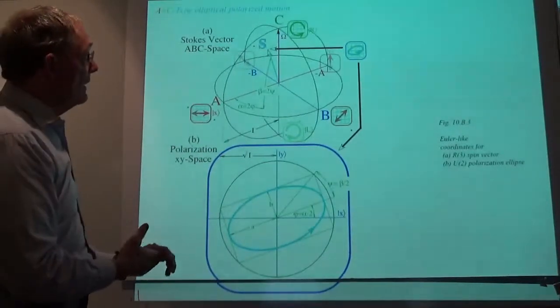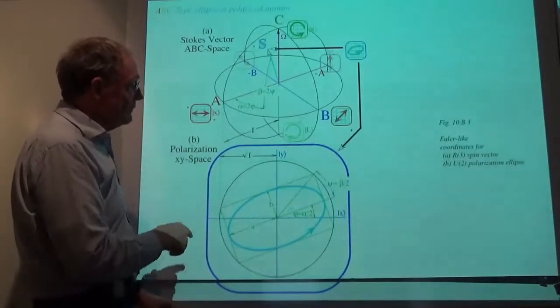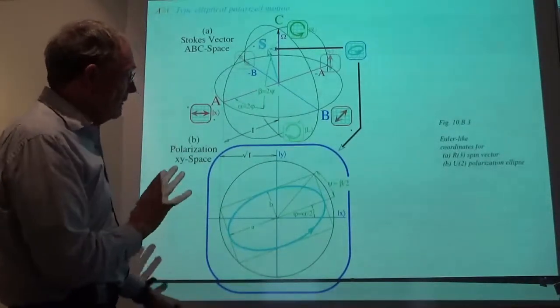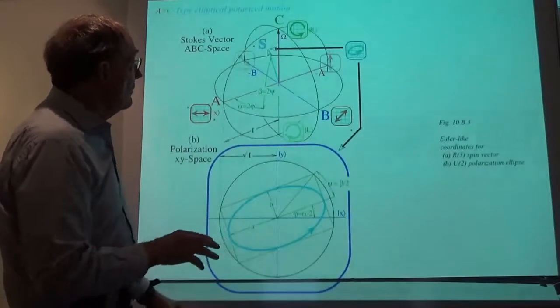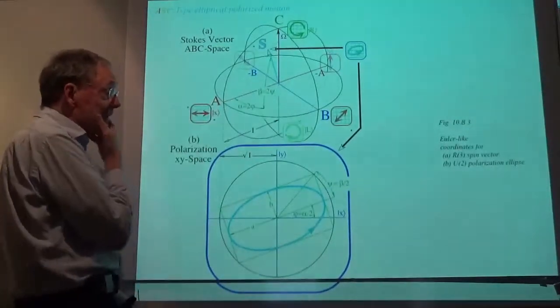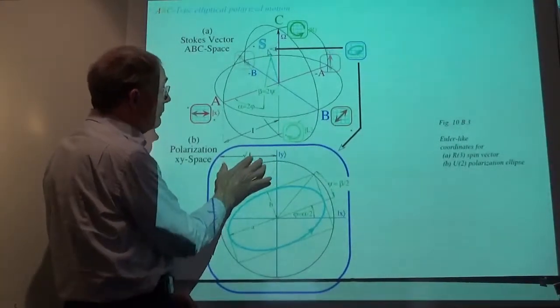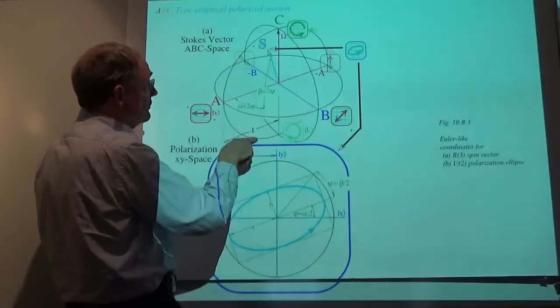So I point that out because that's one very nice representation of our Euler angle descriptions. And then there's the Stokes vector, the spin vector right there. You change your normalization. Here it's the square root of the intensity, that's the radius up here.